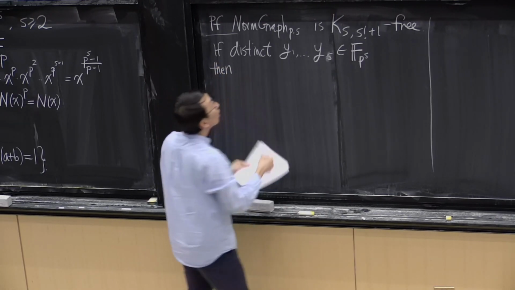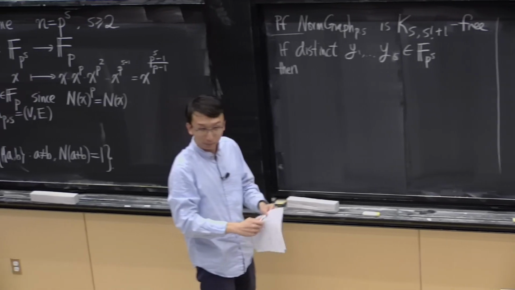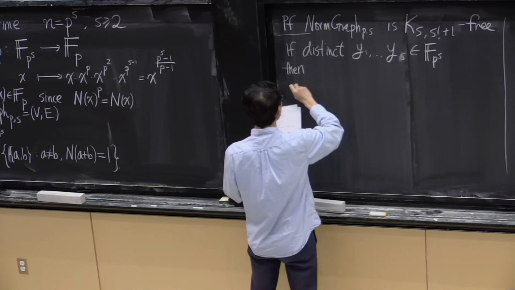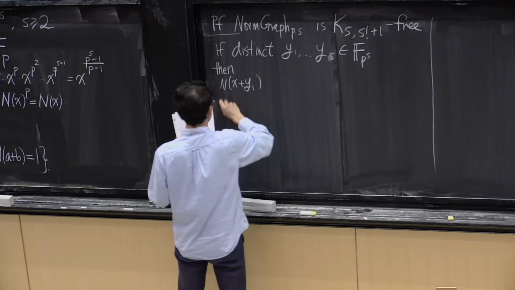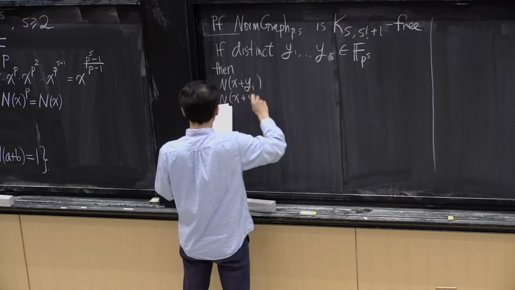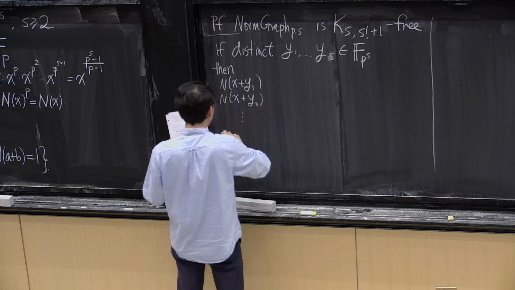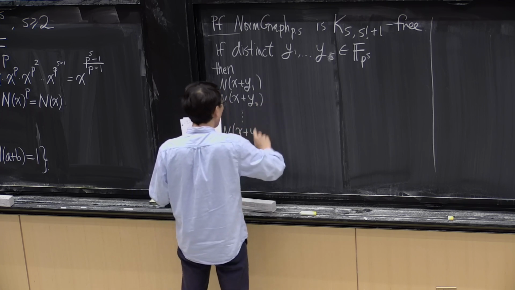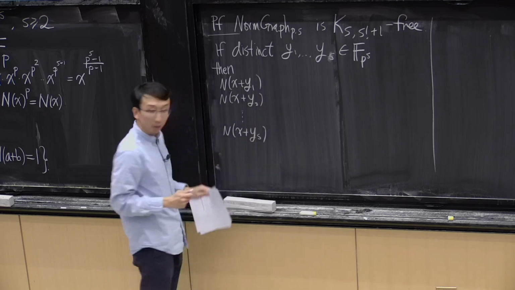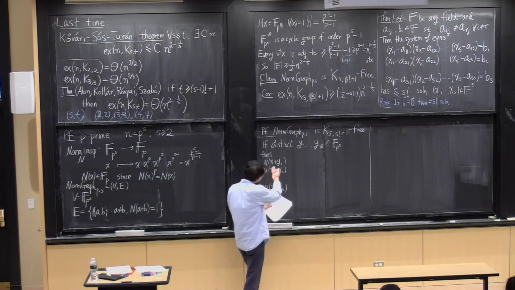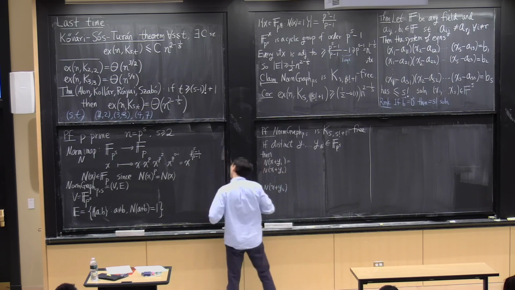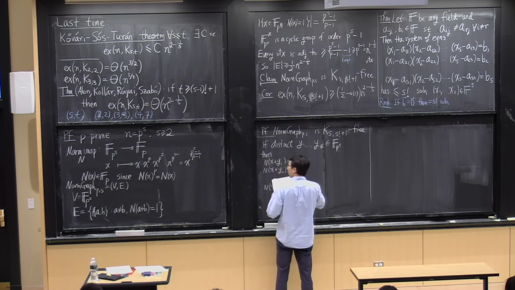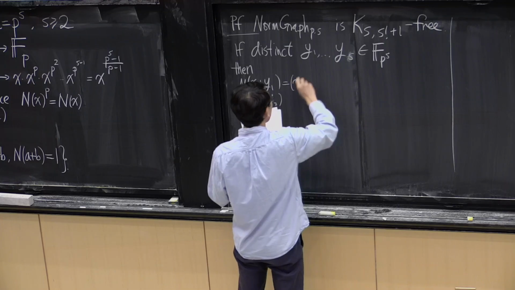Then the common neighbors of these elements correspond to solutions of this system of equations where I set all of these values to be 1. But I can write out exactly what these are because I have that representation for the norm map.